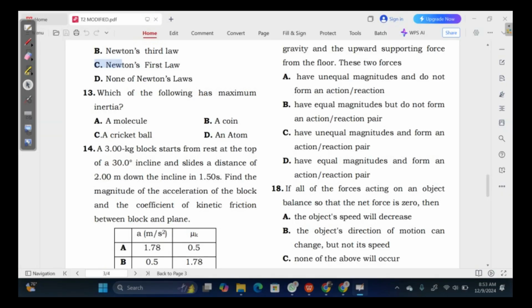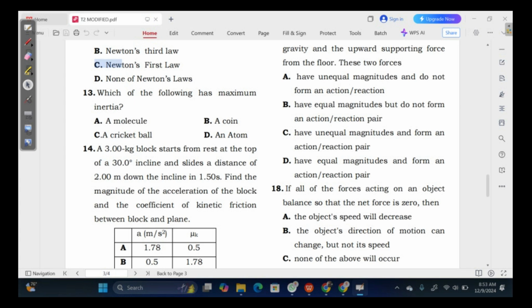So in short, here we have to look for something which is going to be a bit heavy. What else? We also have an atom, the smallest particle of an element. So which one do you think is the best answer? Cricket ball, because we expect this to have bigger mass.